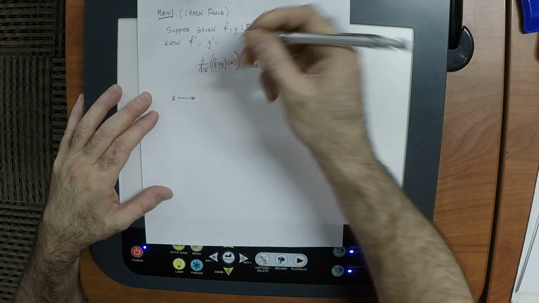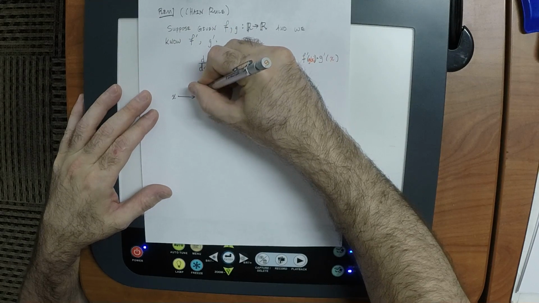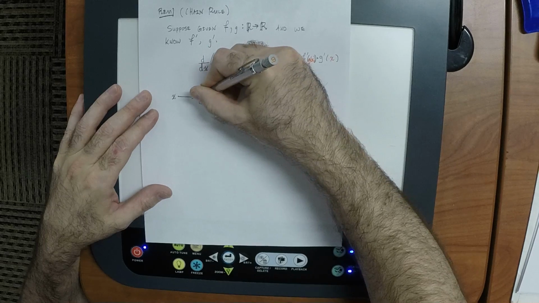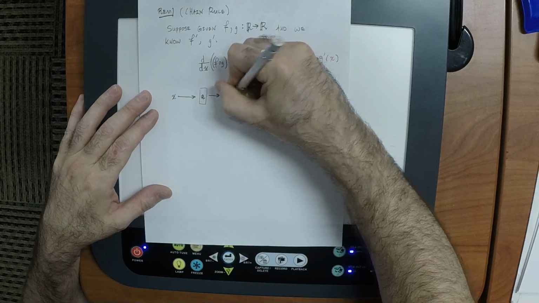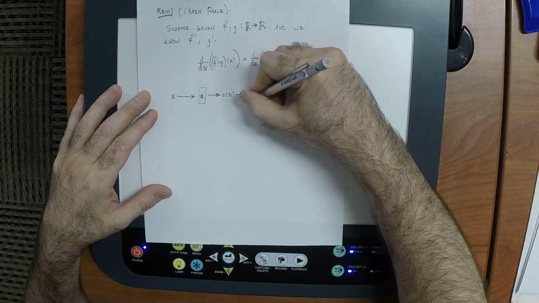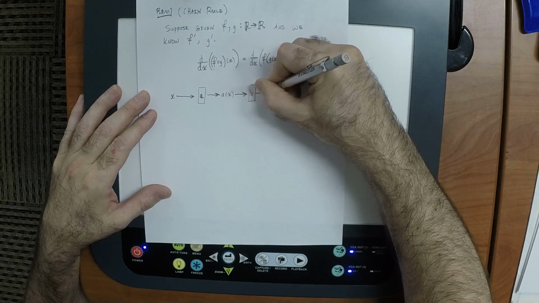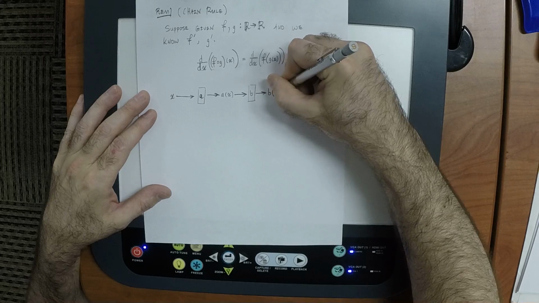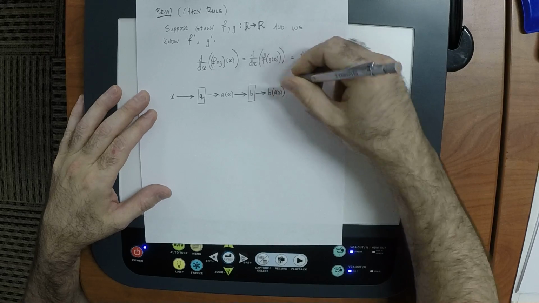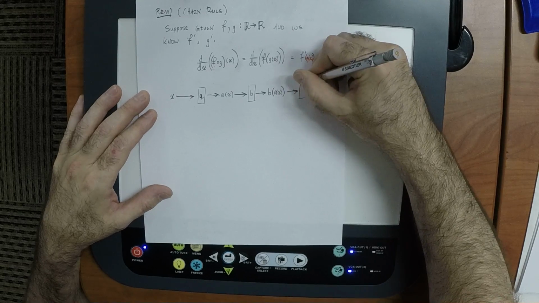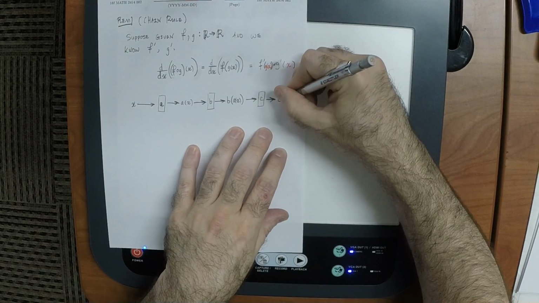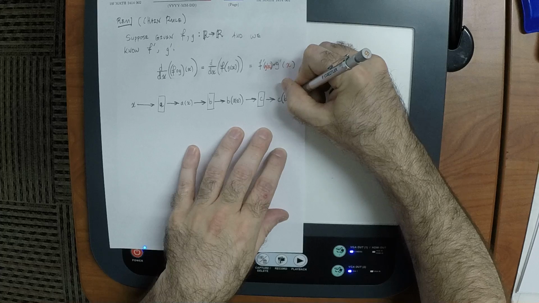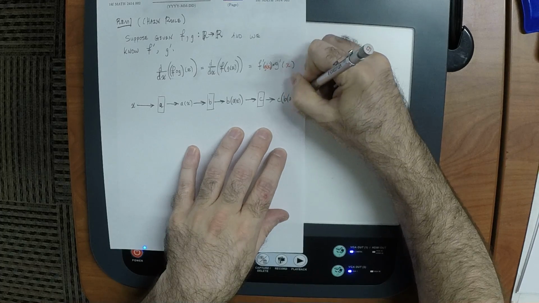But you know what I'm saying is that if it looked like this instead, something like first we go to the A machine, out comes A of x. Then we go to the B machine, out comes B of A of x. Then we go to the C machine, if you like. Out comes C of B of A of x.